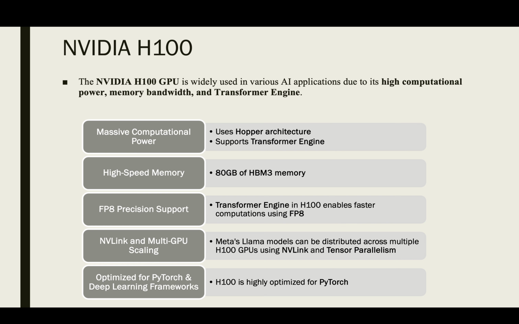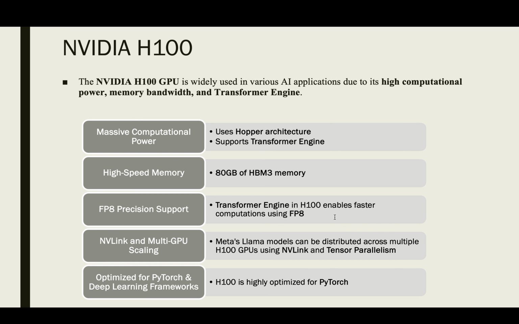Then it supports FP8 precision, and the transformer engine in H100 enables faster computation using FP8 and mixed precision without sacrificing accuracy.